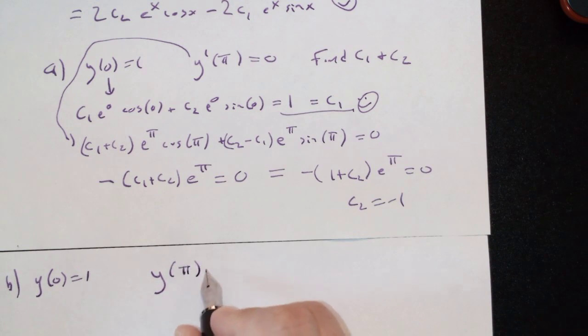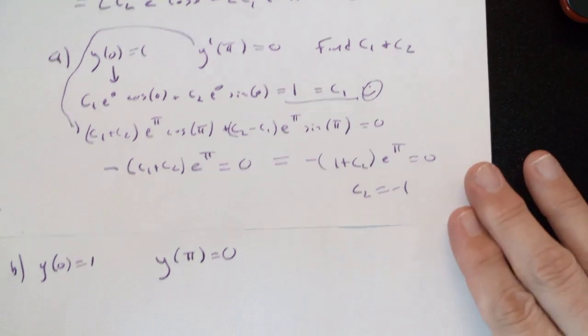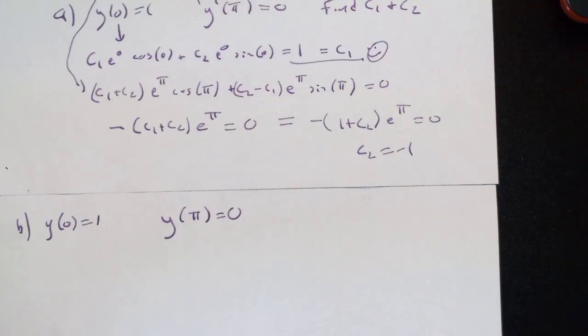Y of pi is 0. Not y prime. So my boundary values, because they're at two different x values, are now both about y. And if you think about it, that means I'm actually saying, I want you to go through two different points with this curve. As opposed to, at this point, have a particular slope. I want you to go through these 2 points.